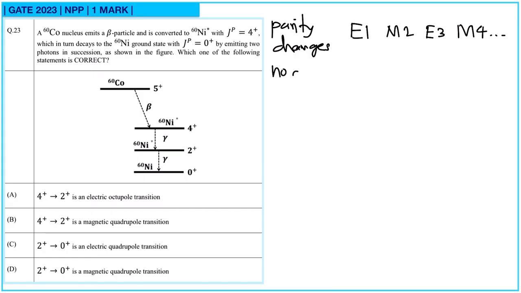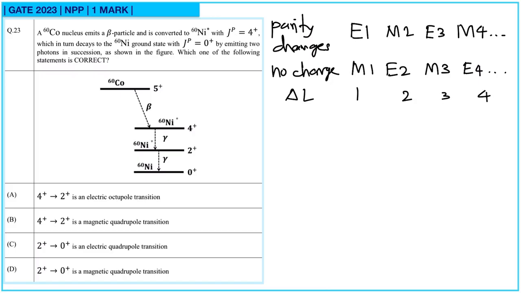And if there is no change in parity, then this first transition will be M1, then this will be E2, then M3, E4 and so on. And for this delta L is 1, 2, 3, 4.